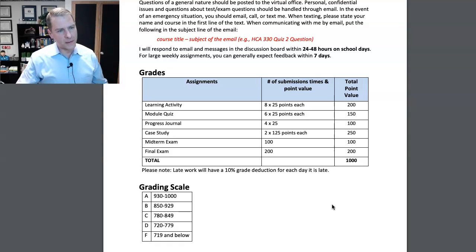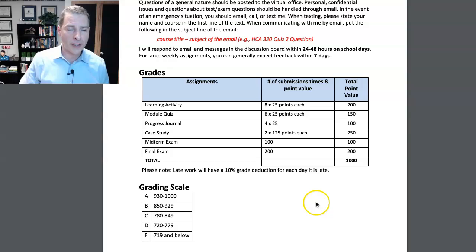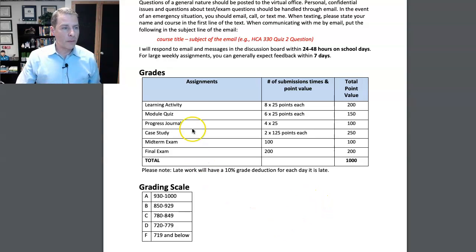But just as the general layout, I try to simplify the course, not overly complicate it with a lot of individual assignments. So you have some rhythm and pattern to this whole thing. And we'll jump into a module in just a moment and show you what that rhythm is. But we have these learning activities, basically homework, where you're going to be practicing the mechanisms of accounting.